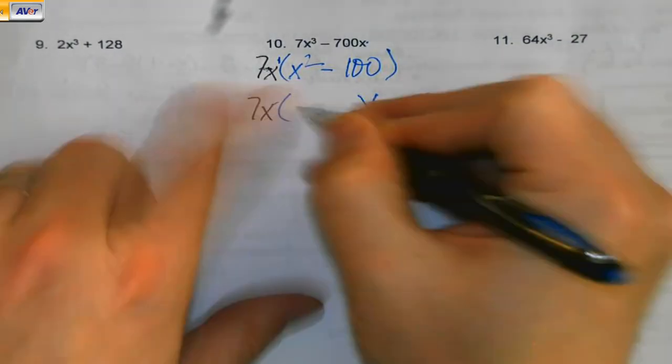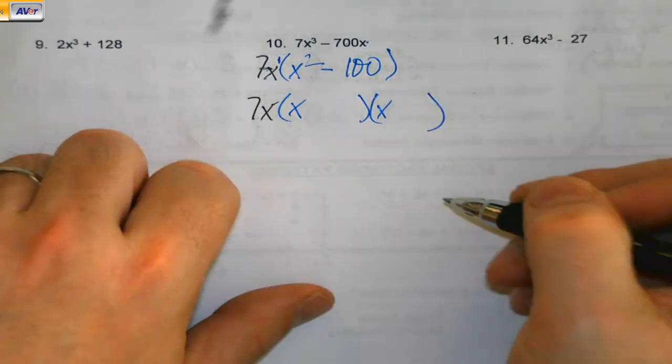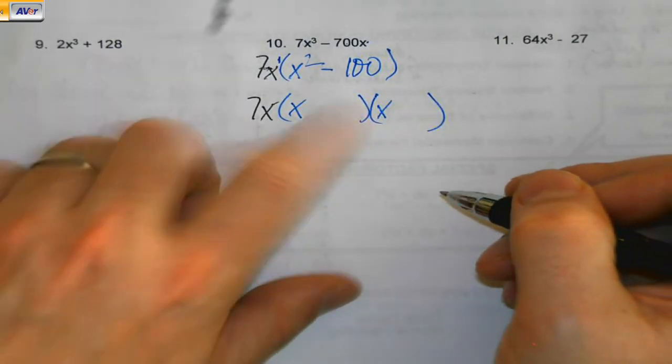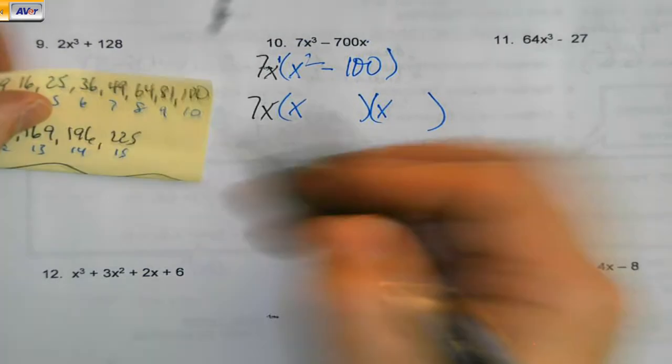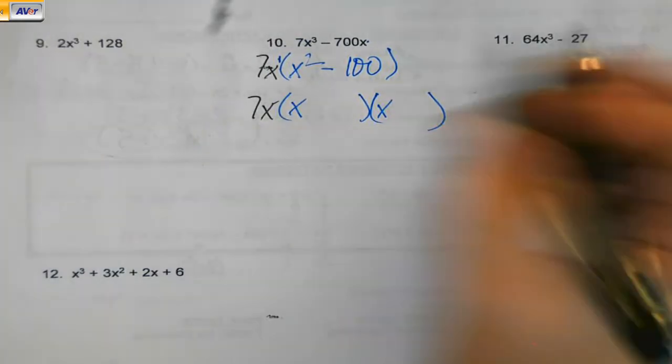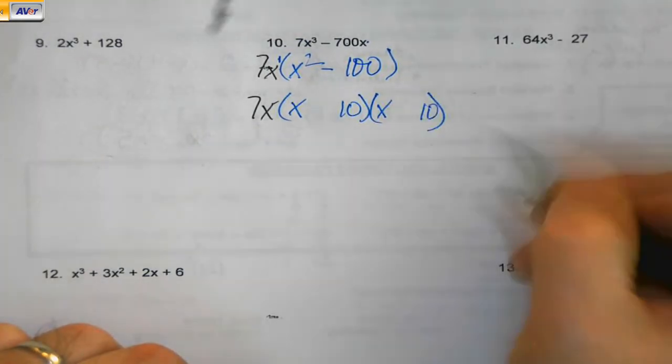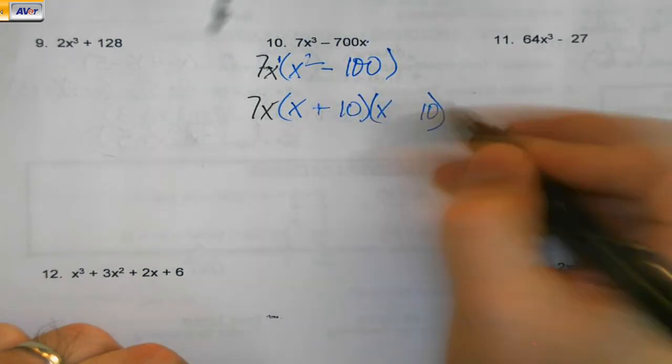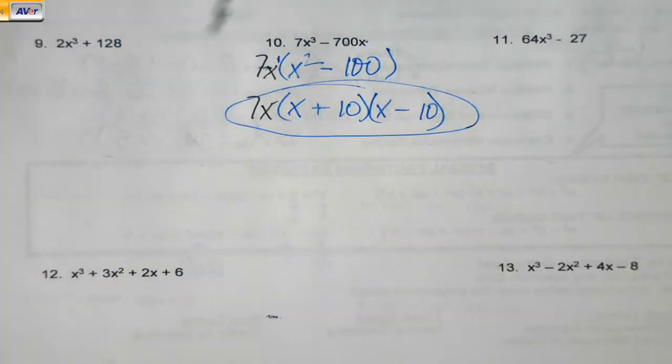What do I square to get x squared? x times x. What do I square to get 100? I don't remember. I look at my little list here. 10. And since it's a difference, it's plus and minus. Sometimes I may have to do that, and kind of keep working.